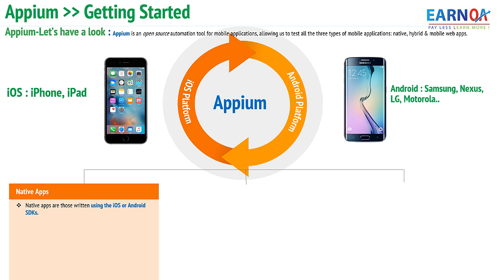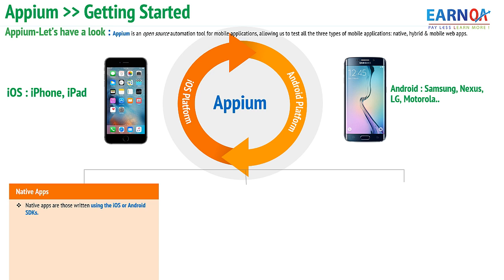Android is designed with Android technology, and this technology is inbuilt and used to design an application so that it is integrated with that Android platform or Android SDK. Those applications are called native applications.